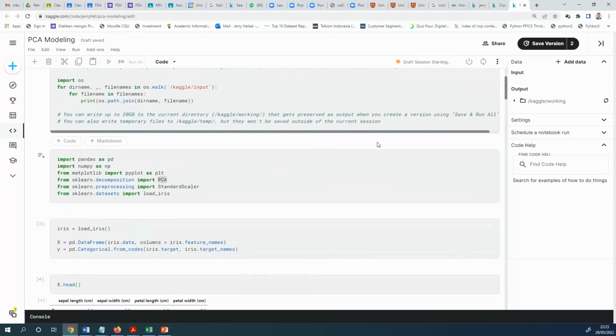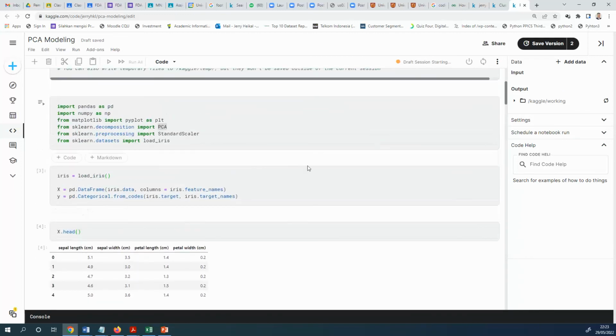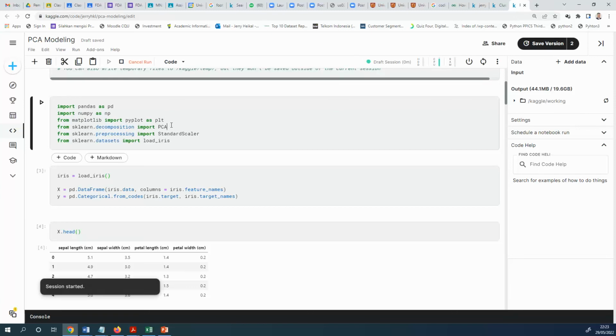In Kaggle data, first we need pandas, NumPy, matplotlib, and scikit-learn decomposition, by importing the PCA from the scikit-learn decomposition, and then we import StandardScaler from the sklearn preprocessing, and then the sklearn datasets.